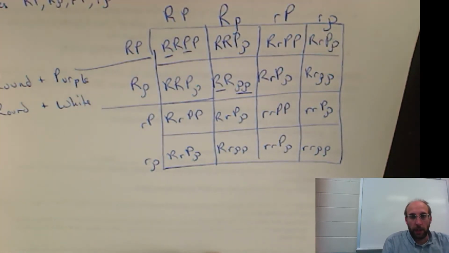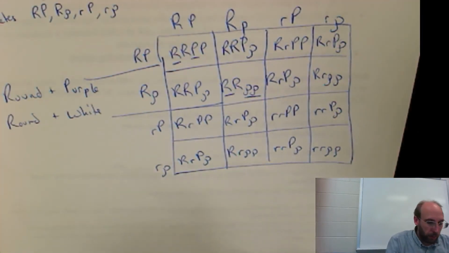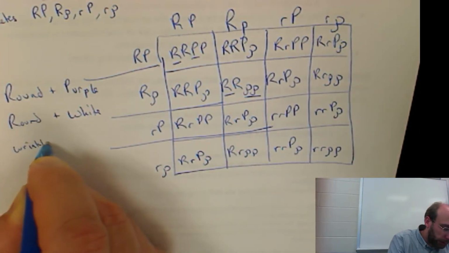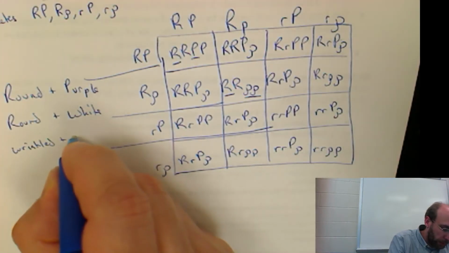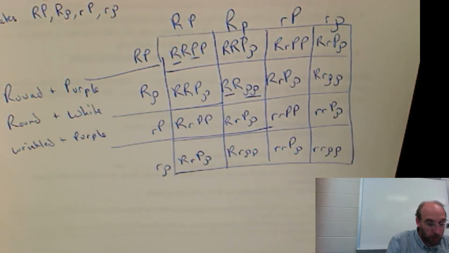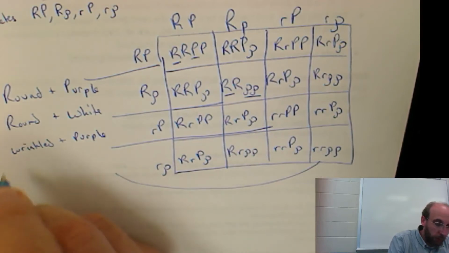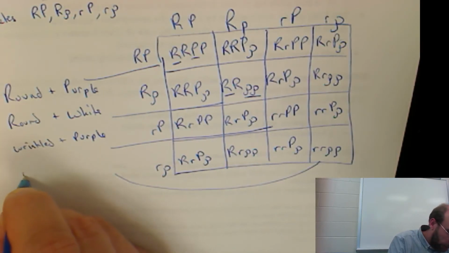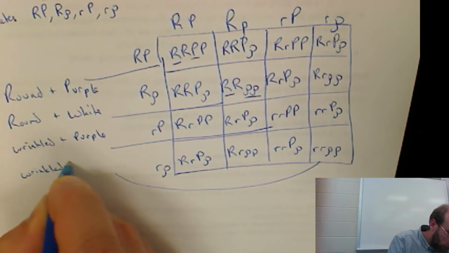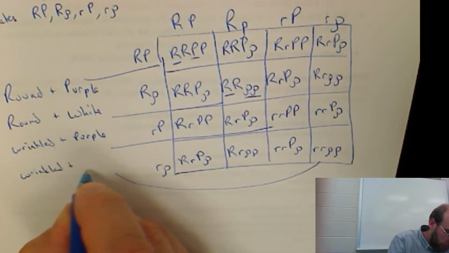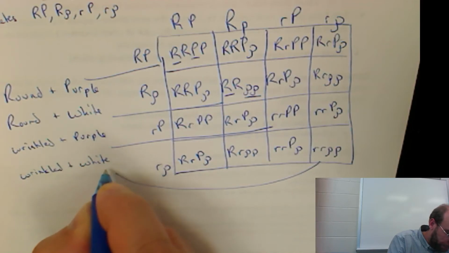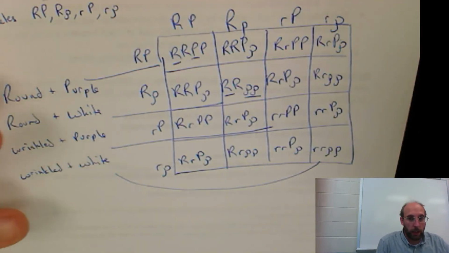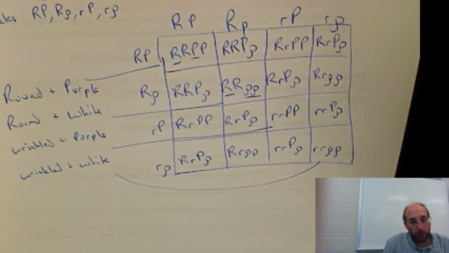Then if they have two lowercase r's and a capital P, they're going to have wrinkled seeds and purple flowers. And if they are homozygous recessive for both the gene of R and P, they are going to be wrinkled and have white flowers. Okay, so there are only these four possible phenotypes that can be produced.